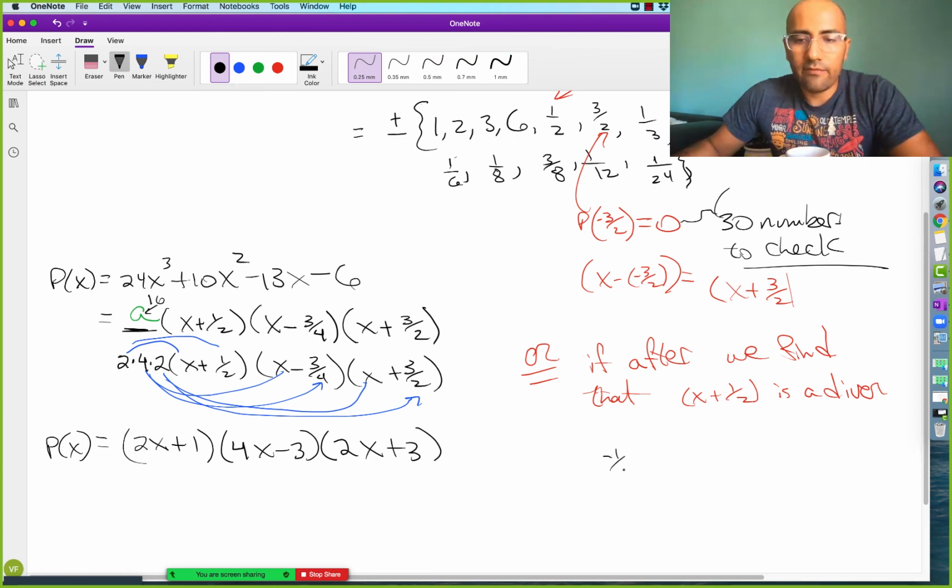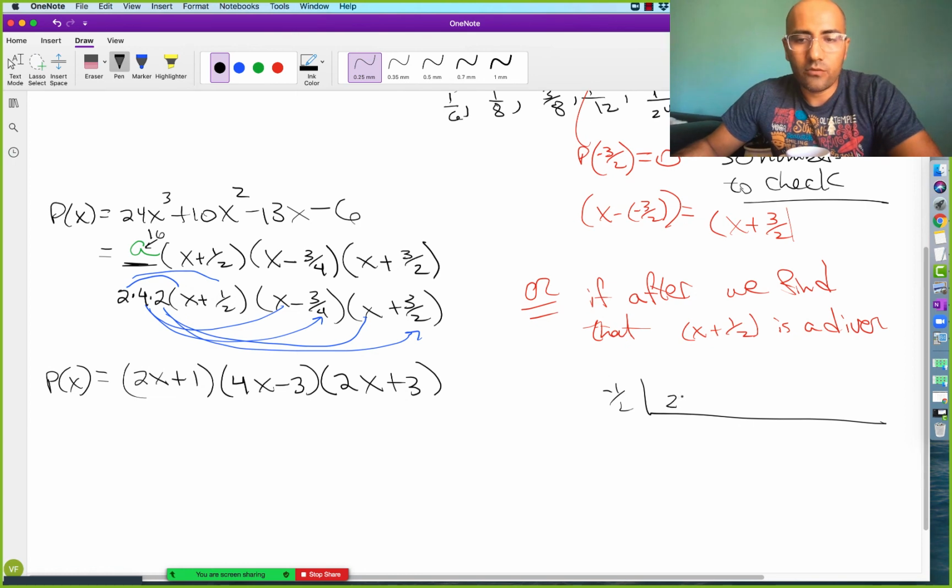We end up with negative 1/2 out here, and then we have to divide this whole 24, 10, minus 13, and a minus 6. Powers of 3, 2, 1, 0, so all the powers are represented. And remember that this has to be of the form x minus a negative 1/2, so that's why we have a minus out here. And then we use synthetic division.